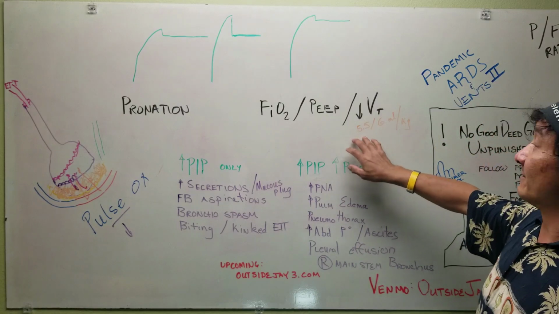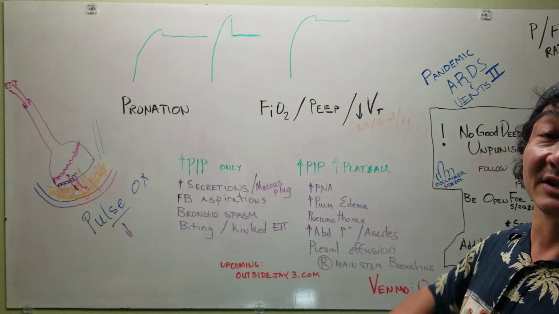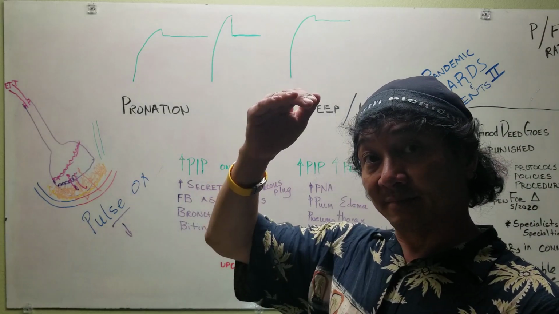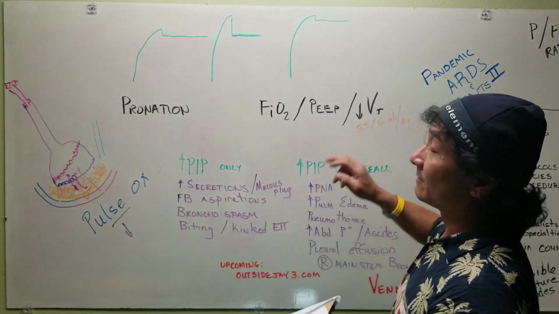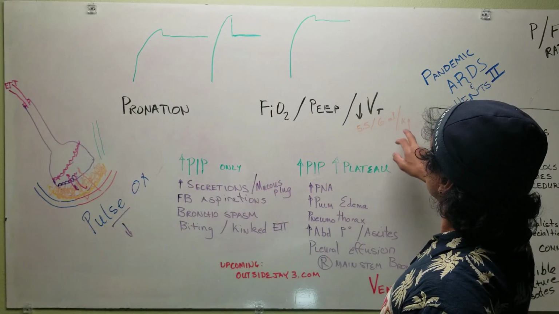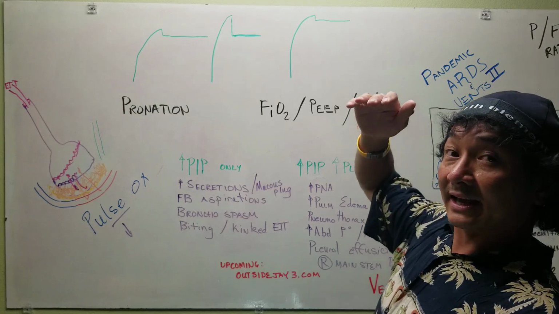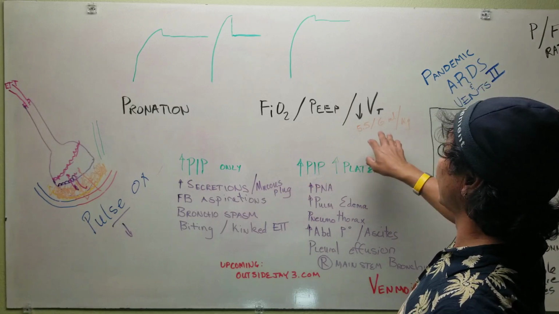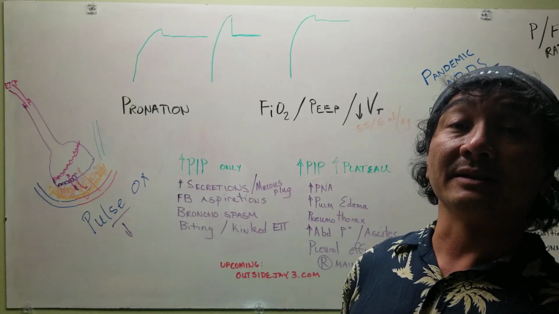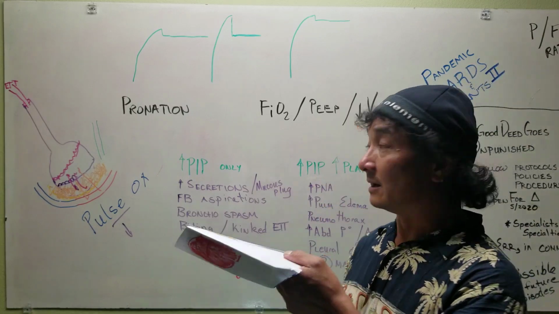Some areas are using 5.5 milliliters per kilogram. This is based on a patient's height for a tidal volume, so the ideal body weight is in kilograms, but getting the kilograms is based on the patient's height. Most of us use 6 milliliters per kilogram of tidal volume.